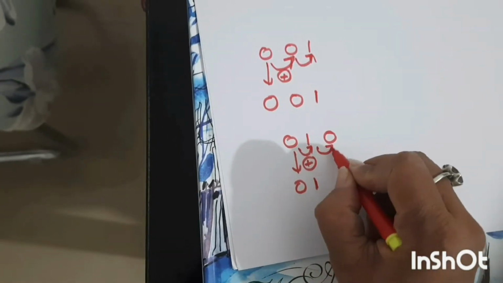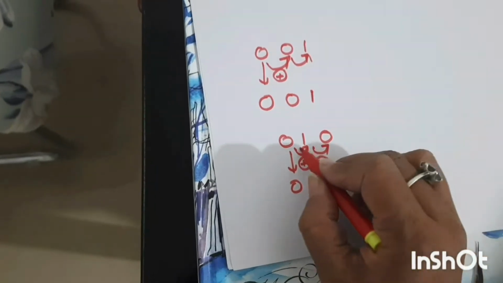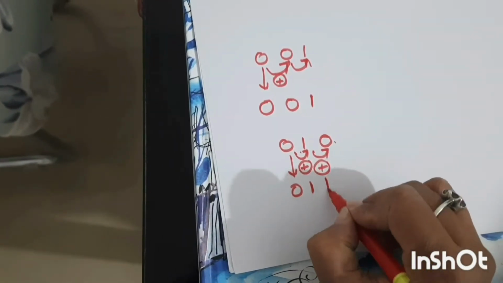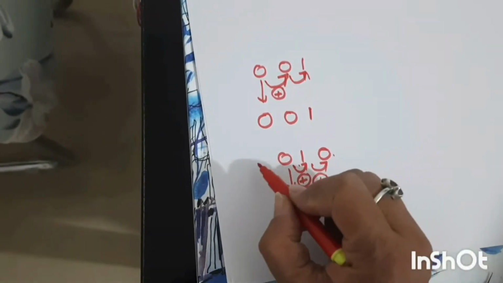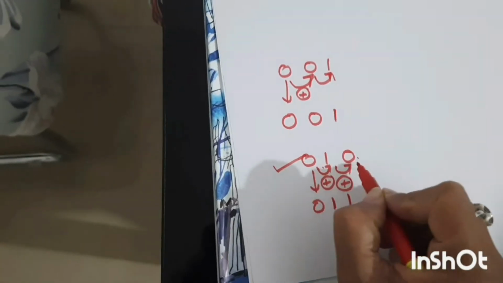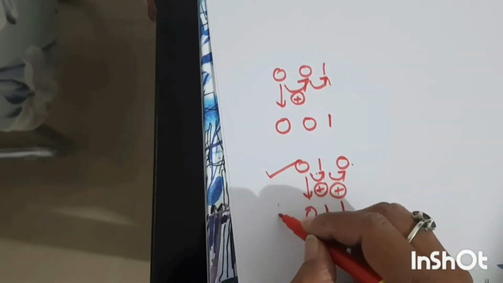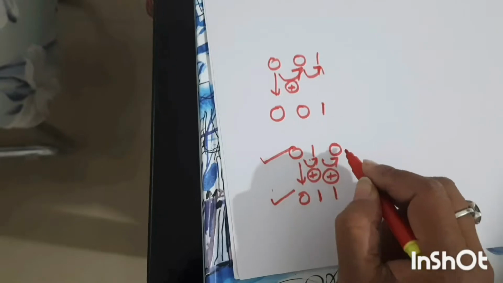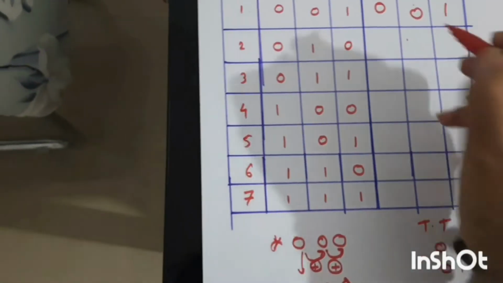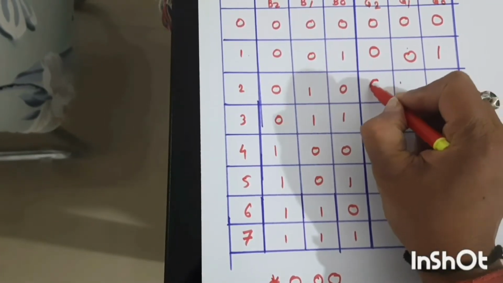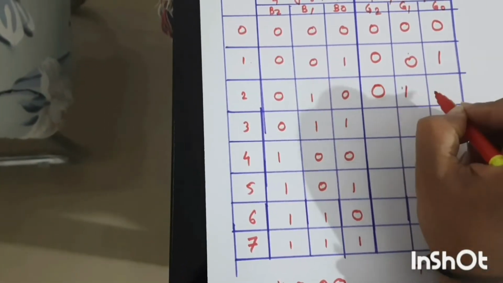Again 1 XOR 0 is 1. So this is the binary number 2, and the gray code of the number 2 is 0 1 1, that is 3. So write it here, that is 0 1 1.